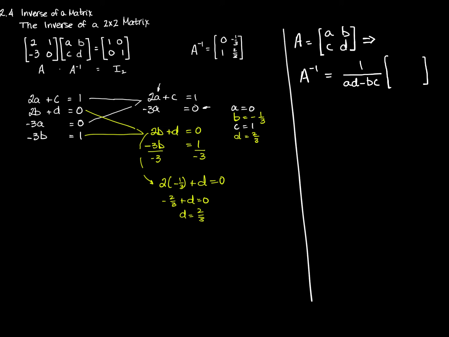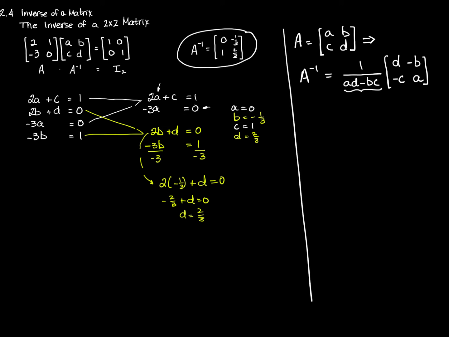A, B, C, and D are all going to be in there, but we're going to reverse the positions of A and D. So instead of A in the top left and D in the bottom right, those two are reversed. And B and C are going to stay where they are, but we're going to negate them. The result of this scalar multiplication of a matrix will produce the same A inverse as we got when we did it by hand.